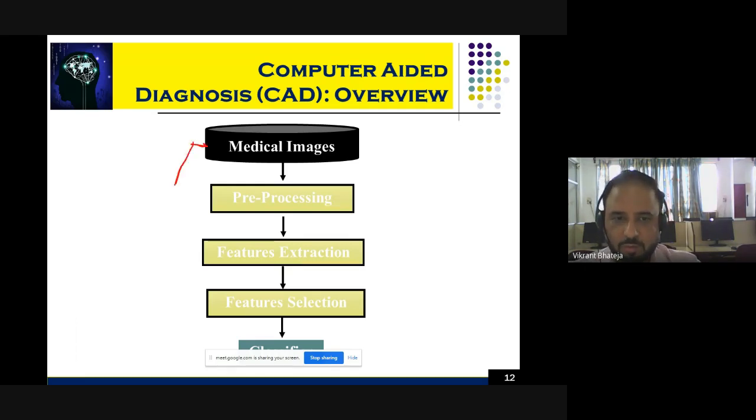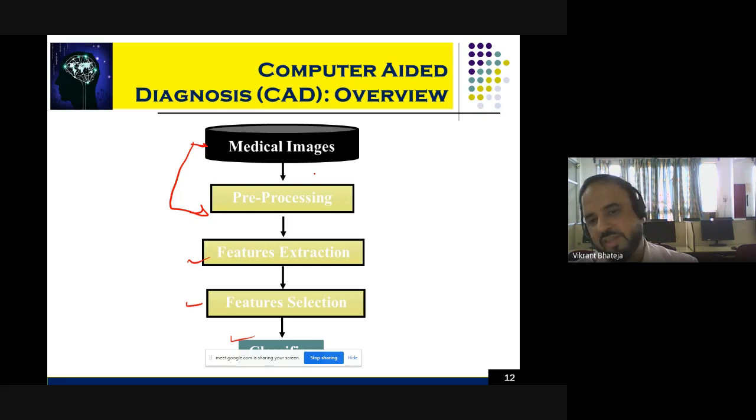Then there is a need for pre-processing on these medical images, followed by feature extraction, feature selection, and then a classifying stage where we decide whether the given image or case is a healthy image, or a non-healthy image carrying some type of anomaly.